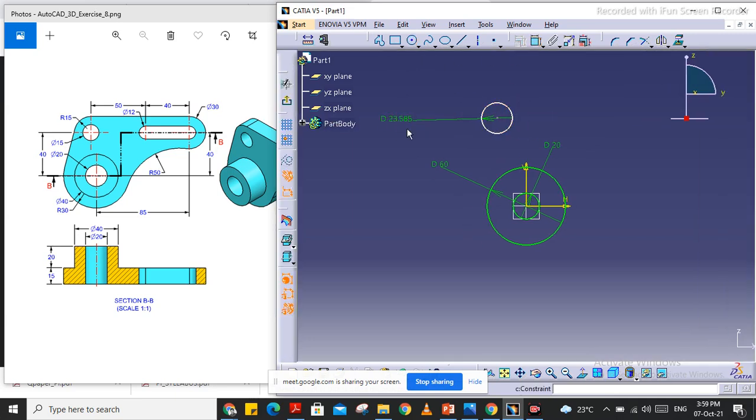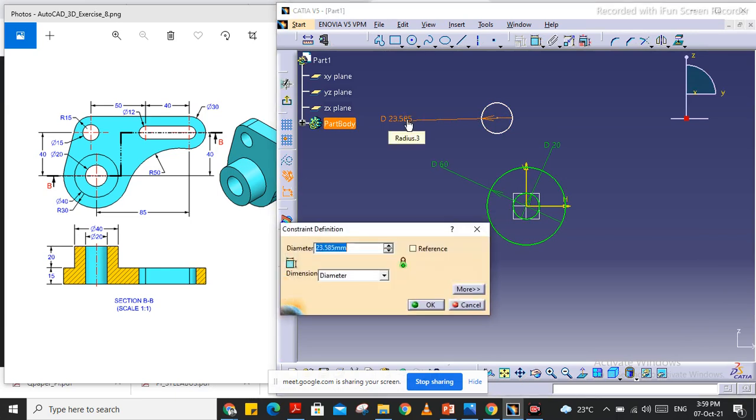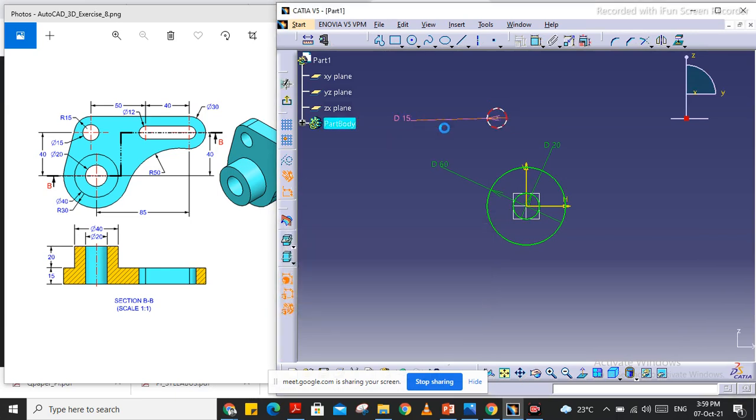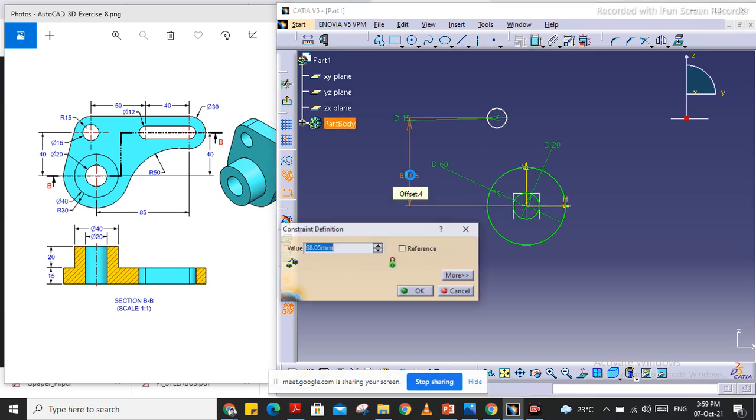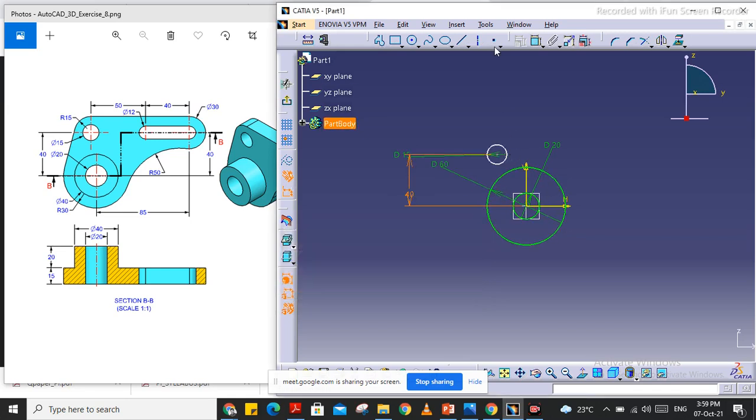I have just drawn this, and it is having 15 diameter, and a length of 40 above the center of this circle. Okay, and horizontally how much is it?